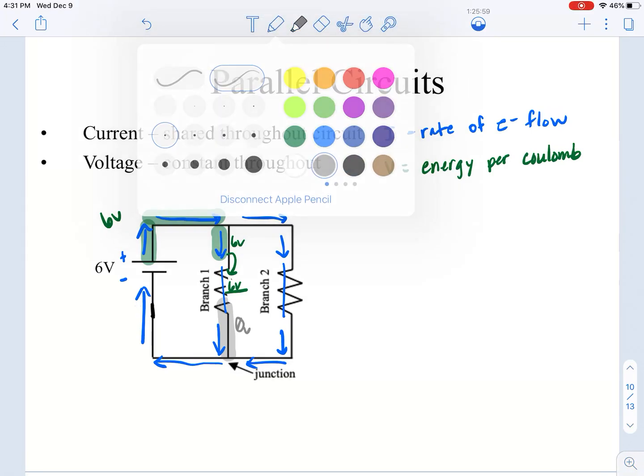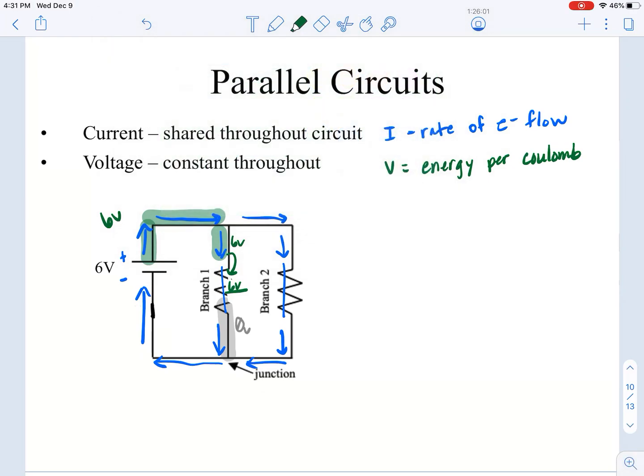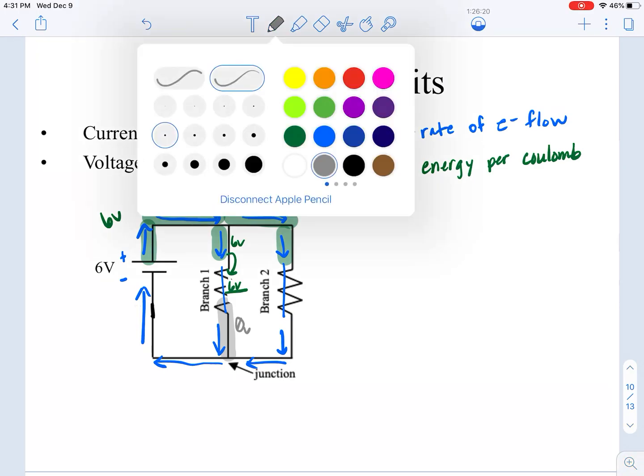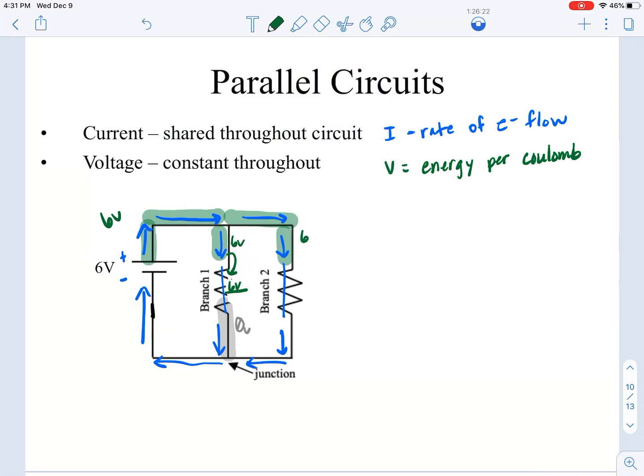The electrons that chose to continue traveling down that top wire instead of going down branch 1 continued along that top wire. They have not encountered any devices yet, so they are still full of their 6 volts. When they go down their branch, they are bringing all 6 volts with them.